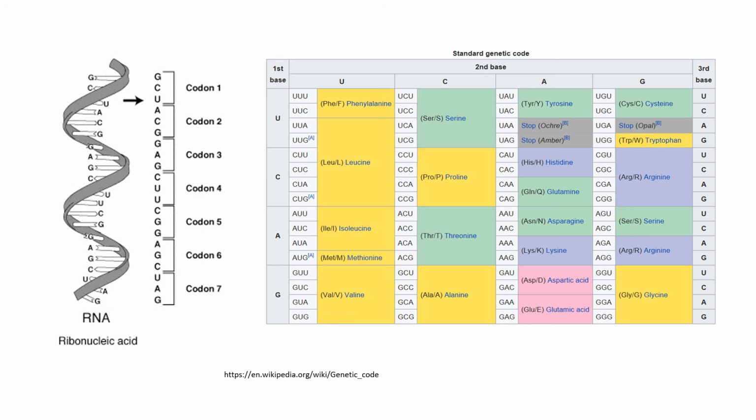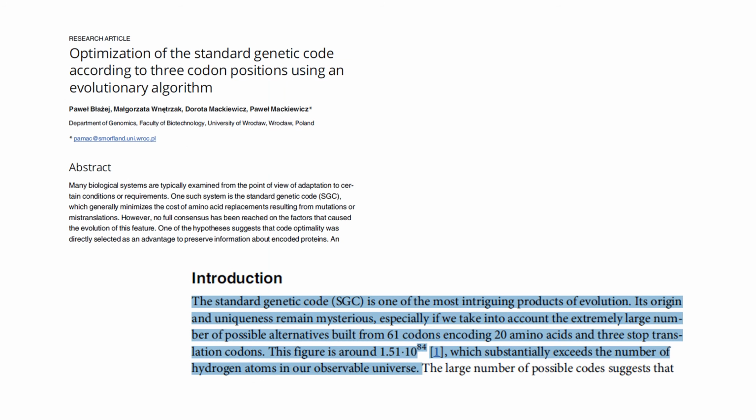So how good is the standard genetic code compared to those 2.4 billion possibilities? That is a question that we can ask. Now, before we go on to look at the answers to this question, I'm just putting up a blurb from a recent research article here.